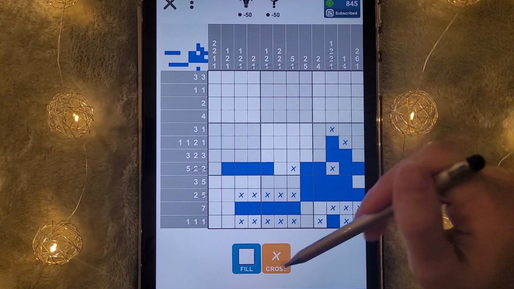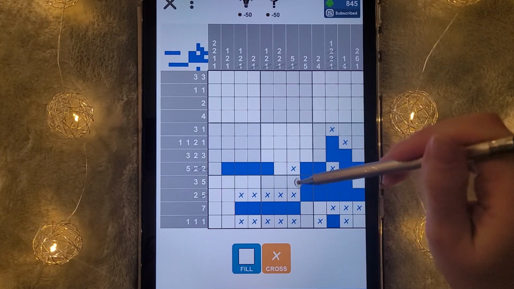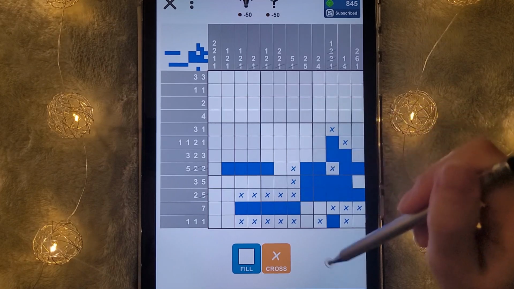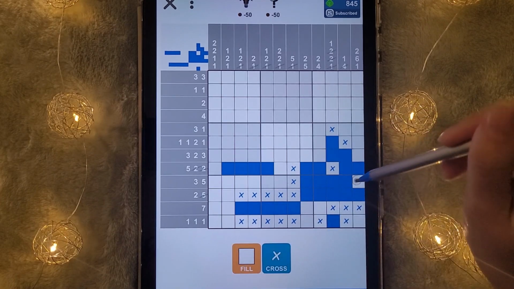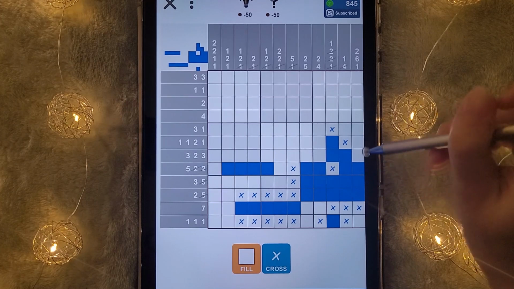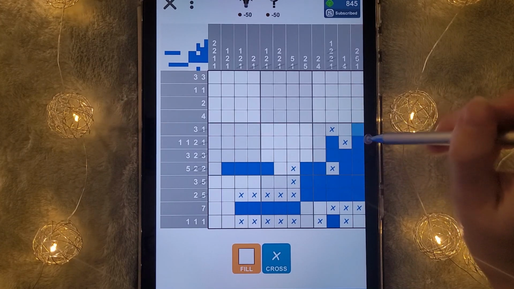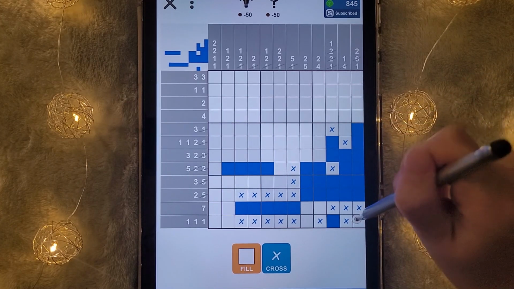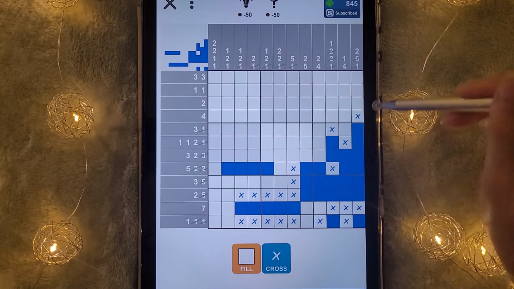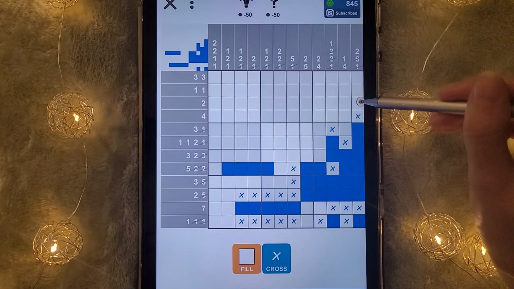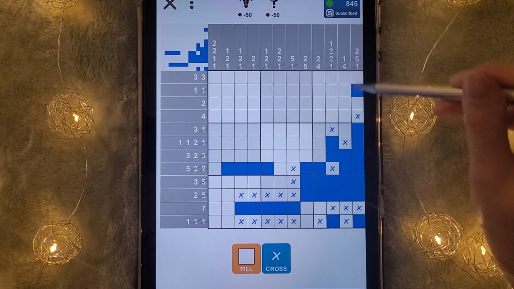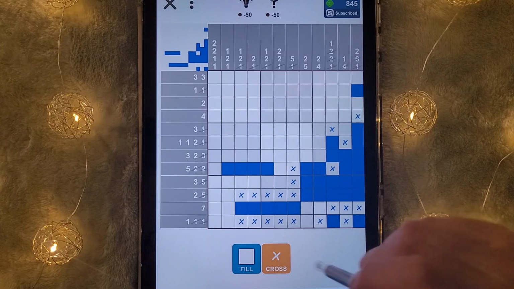And then in this column I know that this one has to be an X because there's not enough space for the 5, which means that this one has to fill in for the 5 here. And then now we can fill in the 6, do the 1 for that column, let's do the X there, and count in for the 2, so 1, 2, and then coming down it's the same square.